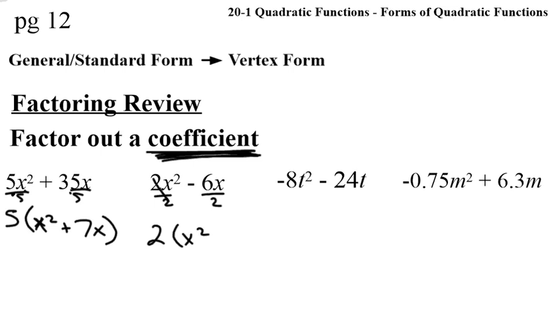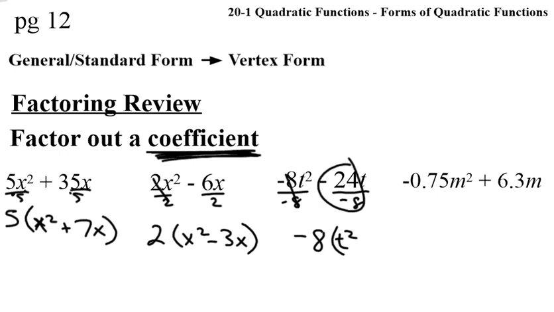We get left with x squared subtract 3x. Here, we want to factor out a negative 8 so that the t squared gets left by itself. Negative 8 leaves us with t squared. Watch your signs here. Plus 3t.